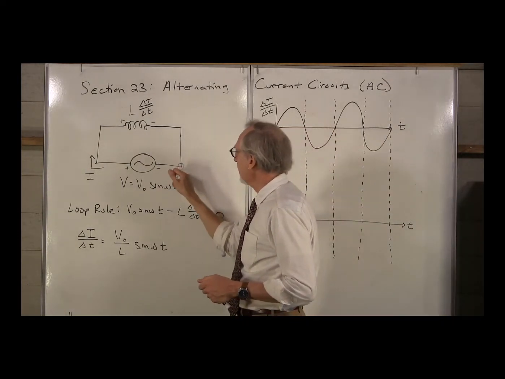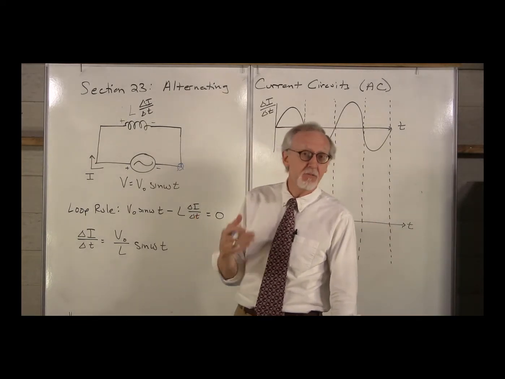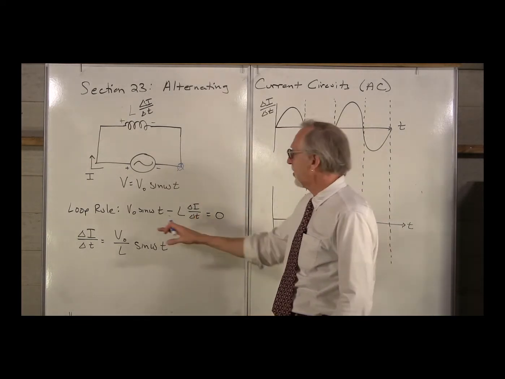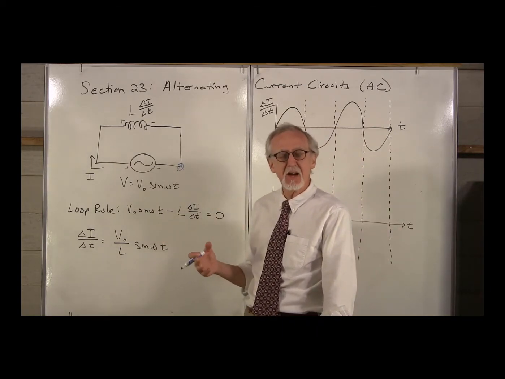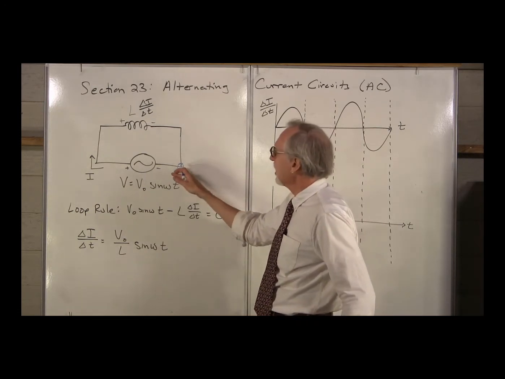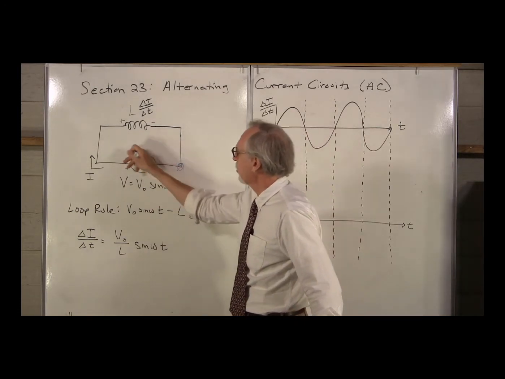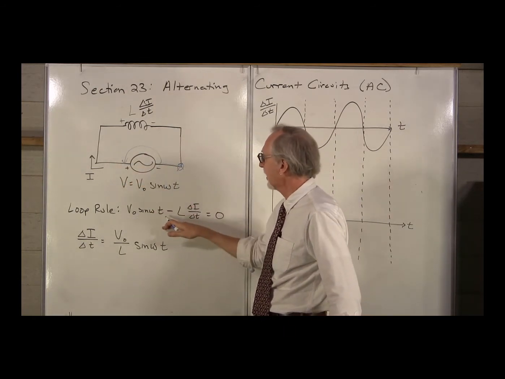Starting over here, it doesn't matter where you start. You can start anywhere you want. You could go any direction you want. You'll just end up with the equation in a different orientation and maybe with an extra minus sign for everything, but you'll get the same result. Doesn't matter at the end. Starting here, going around clockwise, jumping across the power supply, our voltage change is V naught sine omega t.